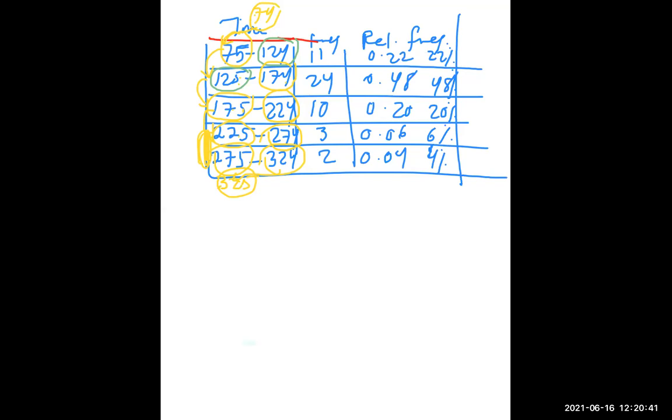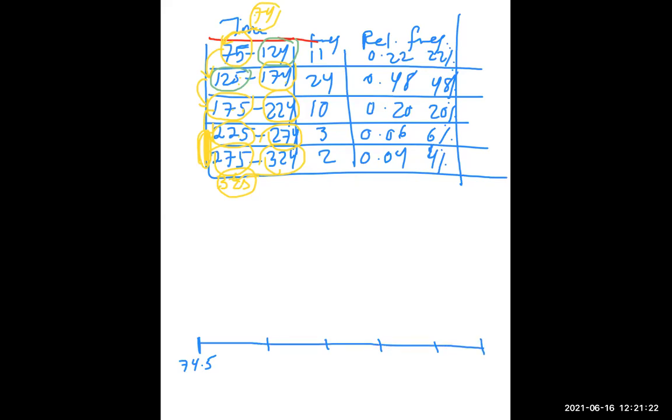Let's just start with the class boundaries. 74.5. So we have 1, 2, 3, 4, 5, 6 class boundaries. Let me put more distance between them.